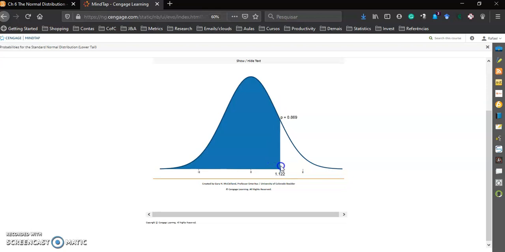And then you can keep increasing the area, and you see that you have 90% of the whole figure up to this 1.335. So from whatever negative number we have up to 1.335, I'm going to explain that later in another video, we have 90% of this figure, 90% probability.